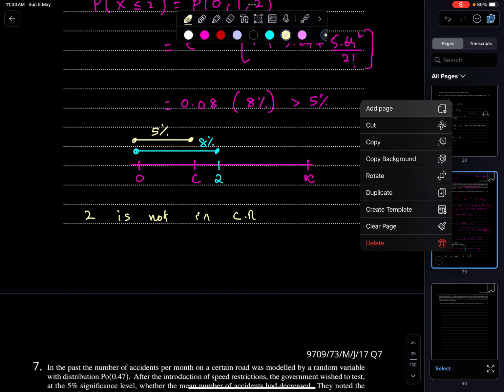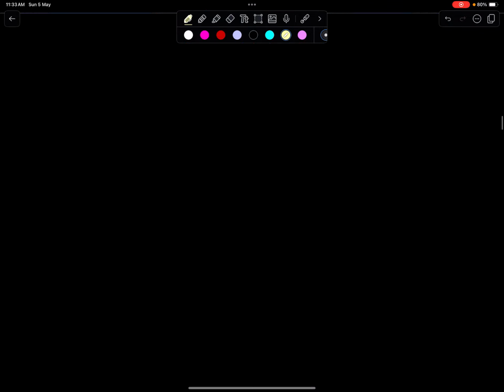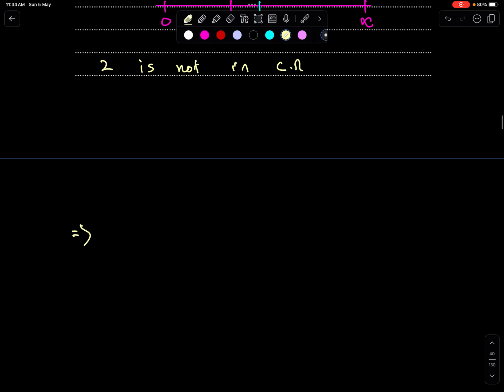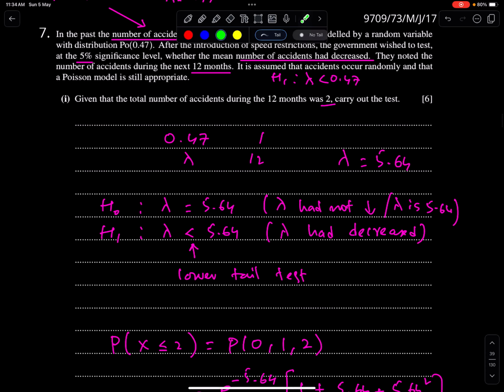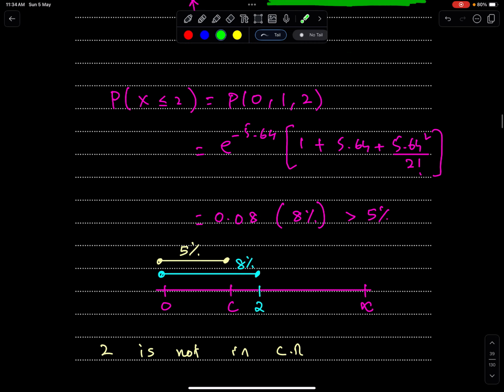therefore accept H naught. Accept that lambda is 5.64, and reject this thing, lambda had decreased, reject this. You have to conclude that insufficient evidence to say that lambda had decreased.